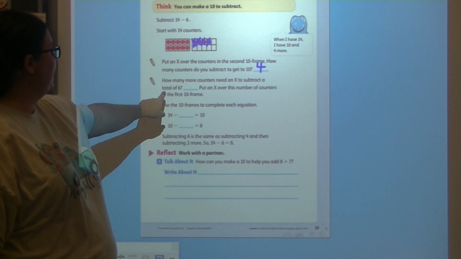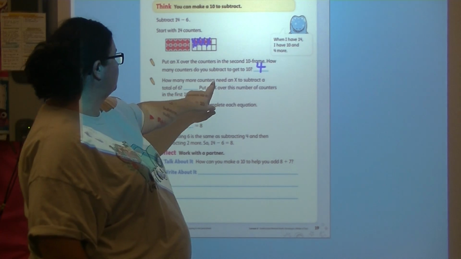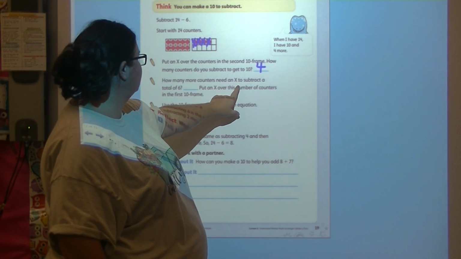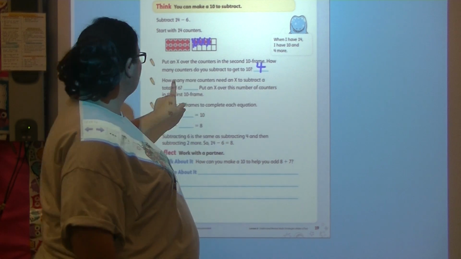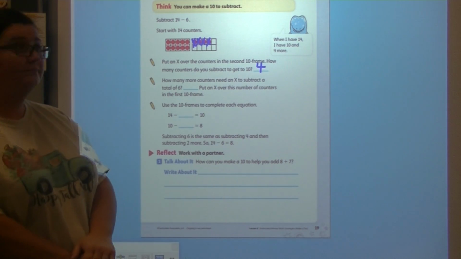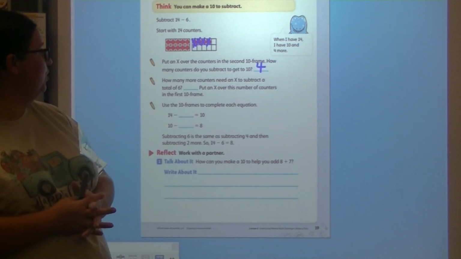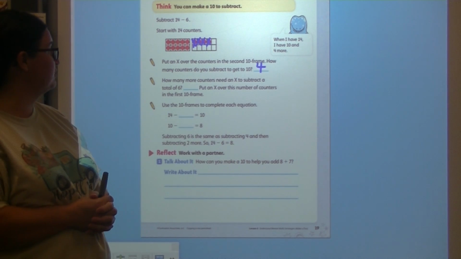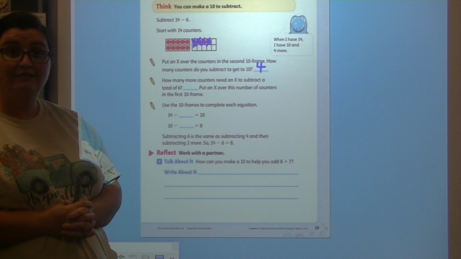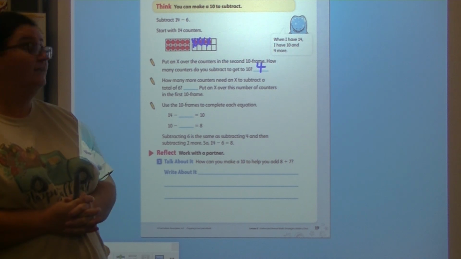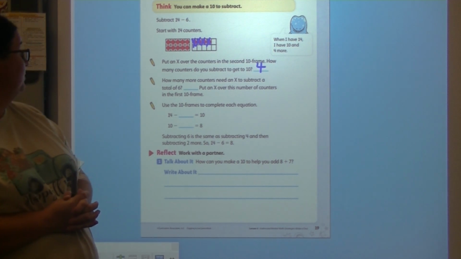Now, how many more counters need an X to subtract a total of 6? So we have 4 X out. How many more do we need to X out for a total of 6? Yes, 2 more.